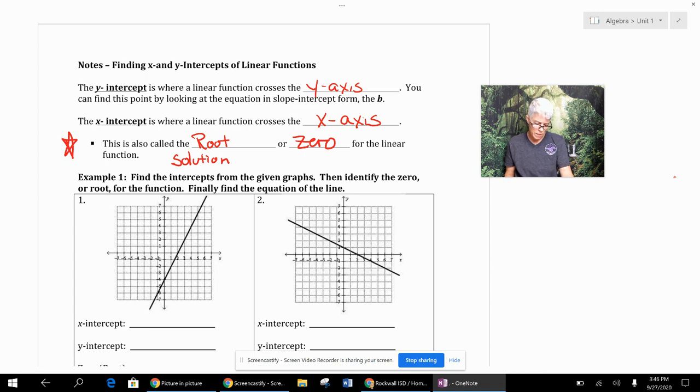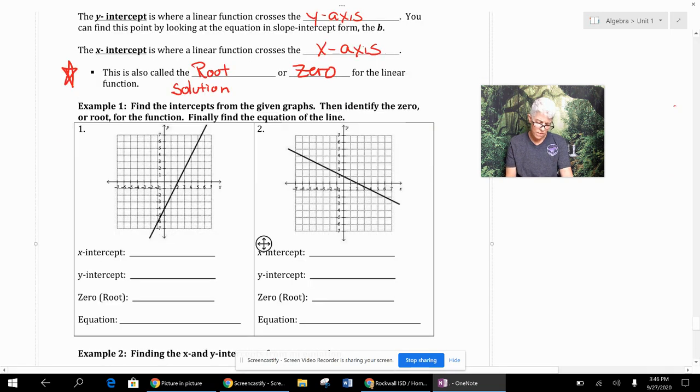So to find the intercept from a given graph, identify the zero or root for the function, and then finally, we'll find the equation of the line. So I'm going to find where this crosses over the y-axis, and it crosses at, I'm sorry, not 4, negative 4.